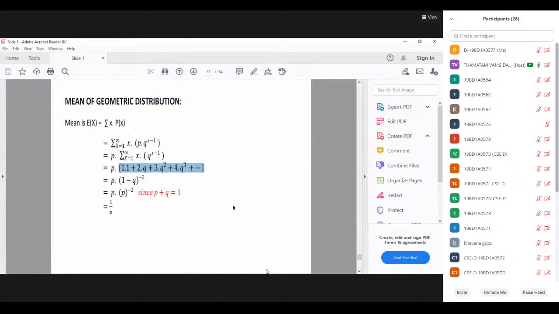We know that 1 minus x whole power minus 2 expansion. By using binomial expansions, this can be written as 1 minus q whole power minus 2.